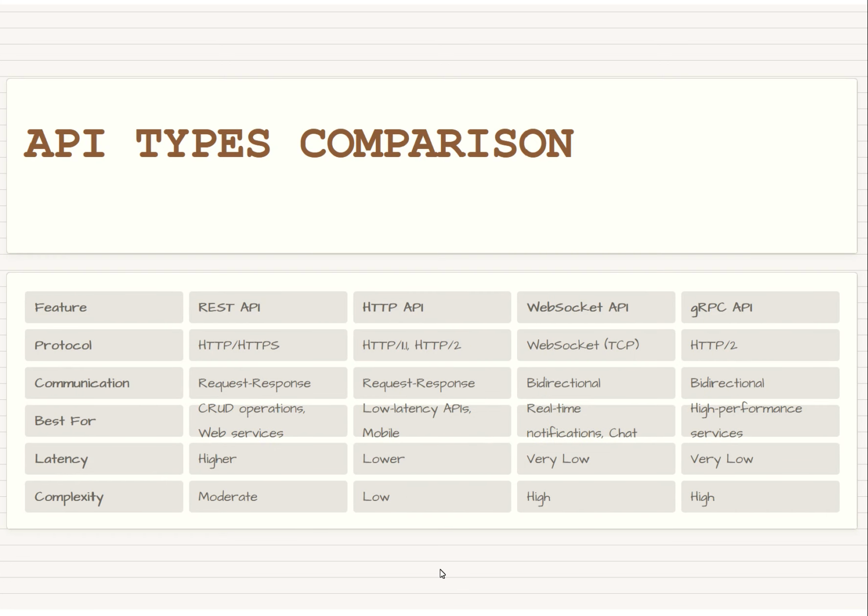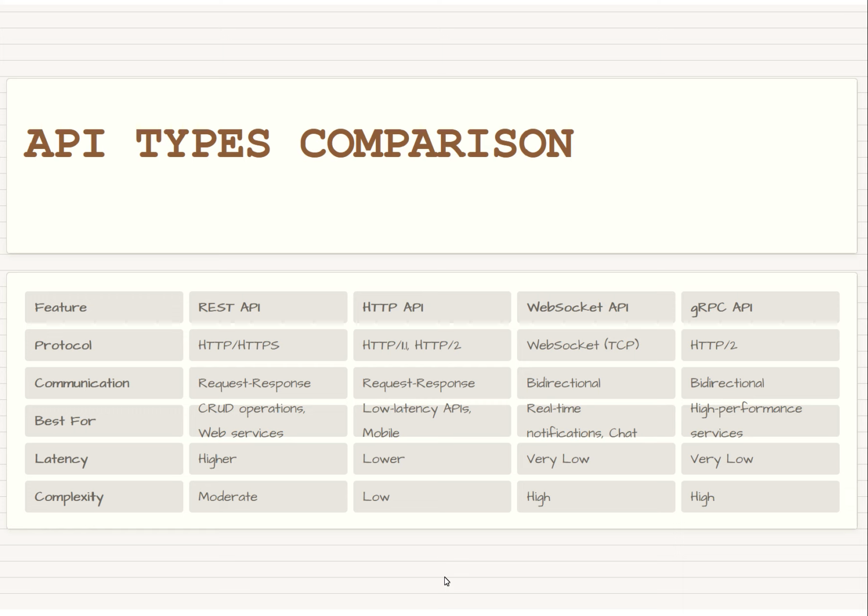All right, API types comparison here. The table covers protocol, communication, best for, latency, and complexity. You can see the protocol supported by each one. For communication, the last two are bidirectional, and the first two are request-response, best for CRUD operations and web services.